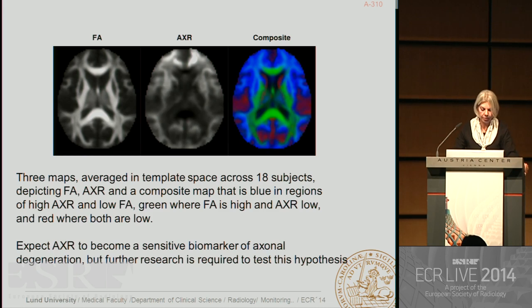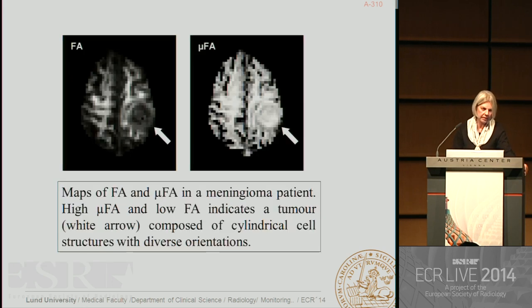Here, just an example of AXR, where you could see the permeability, the FA, and then the composite, and we color code this, and we could see the different permeabilities, intra and extracellular water component. This is very novel, and we have not done many patients yet, just normal controls.